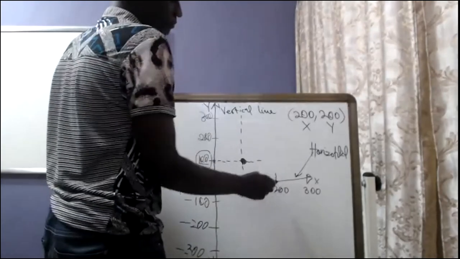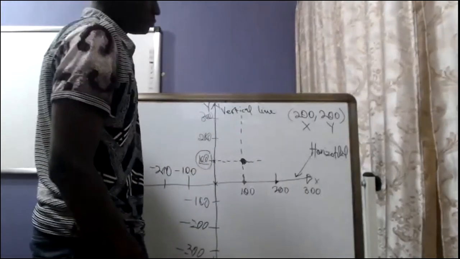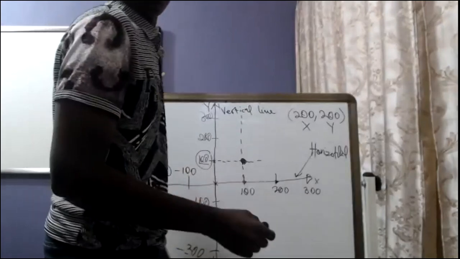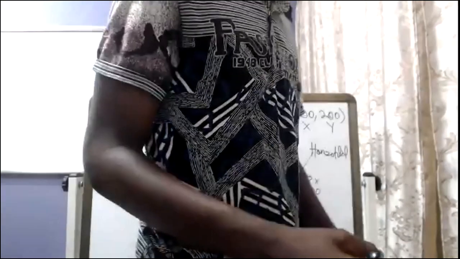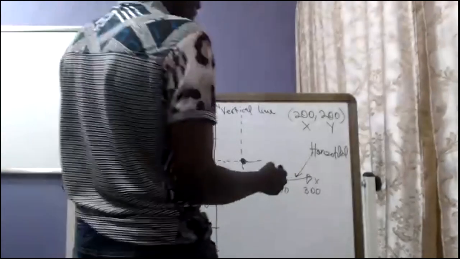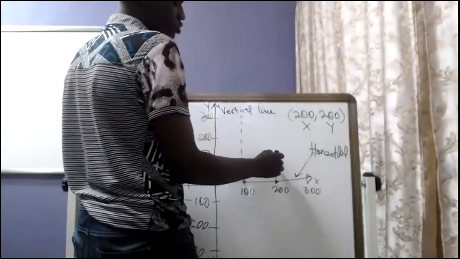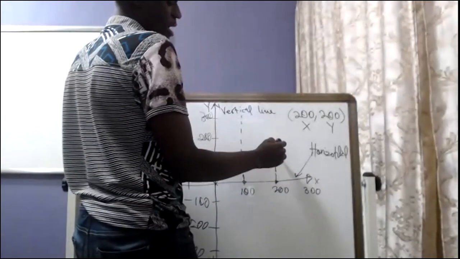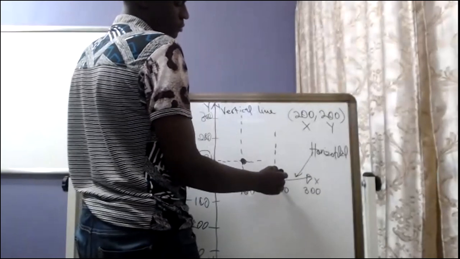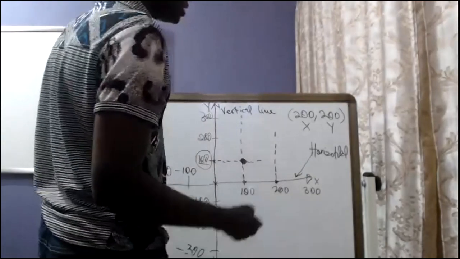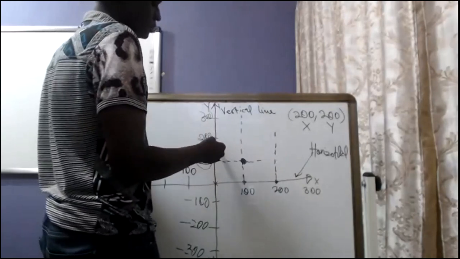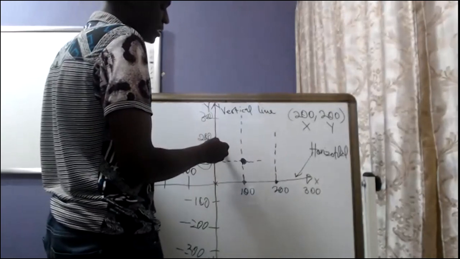This one? Yes, please. Okay. So we are going to draw a straight line from here up, okay? Then we also need to find the 200 on the y-axis.